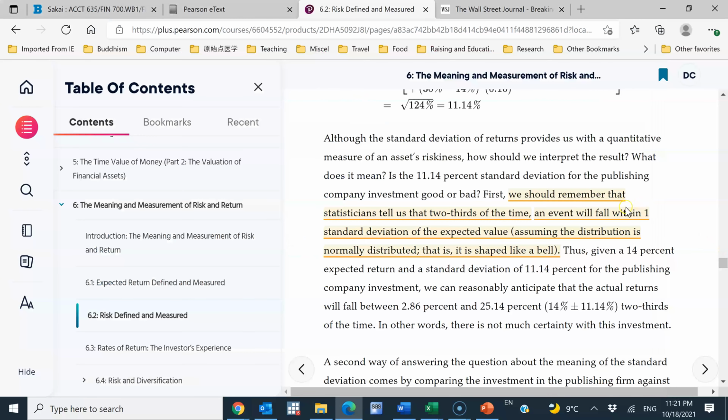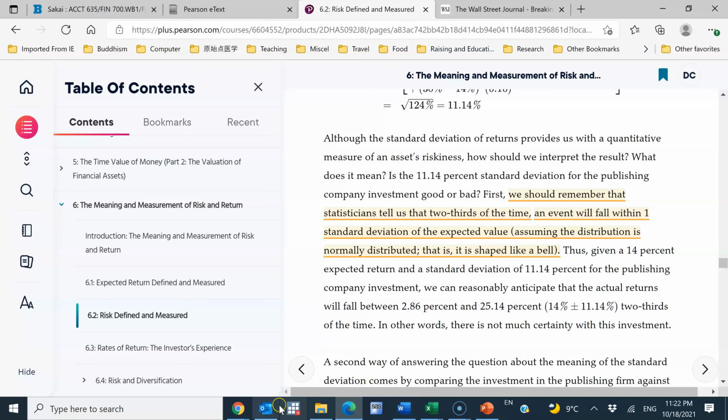So this basically says that the return will be within one standard deviation up or down of the expected rate of return two-thirds of the time.